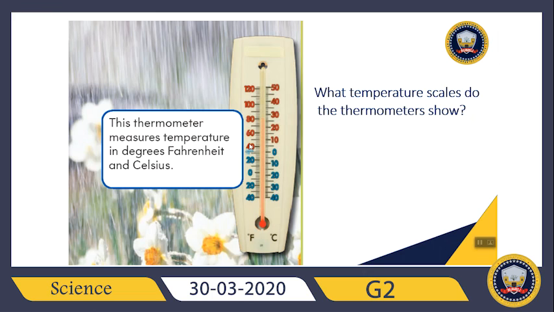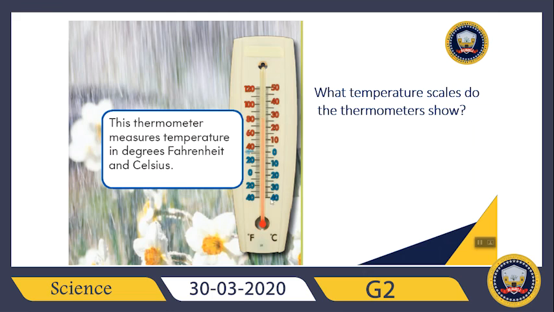These numbers tell us about the degrees, or the temperature, of something. We have here 40, 20, up to 120, and from here up to 50.